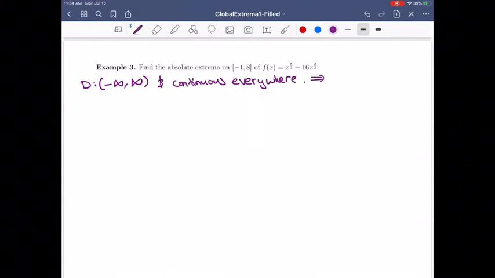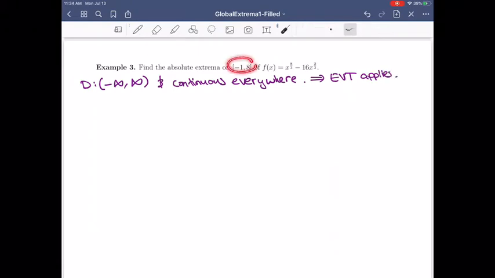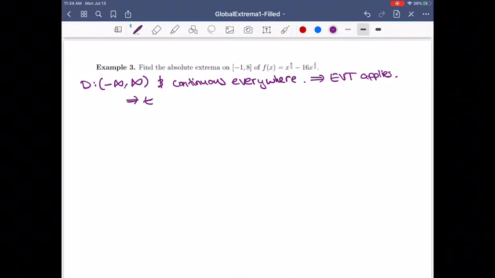So what that means is the extreme value theorem applies. We have a closed interval, and we're continuous on that interval. So we know that there's going to be a max or min. The extreme value theorem guarantees both an absolute max and min.